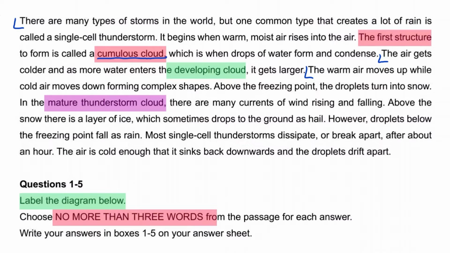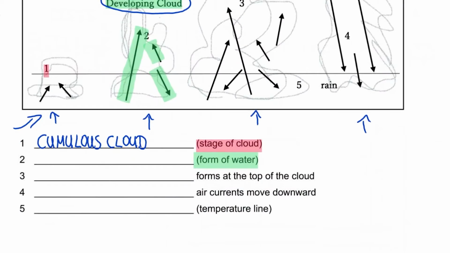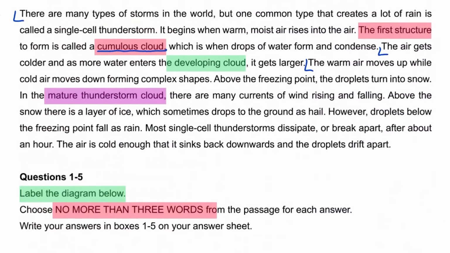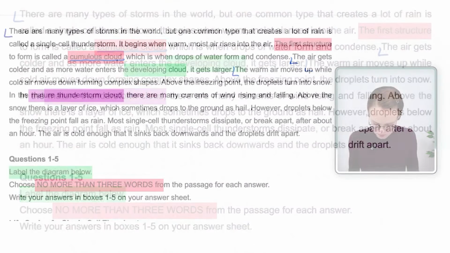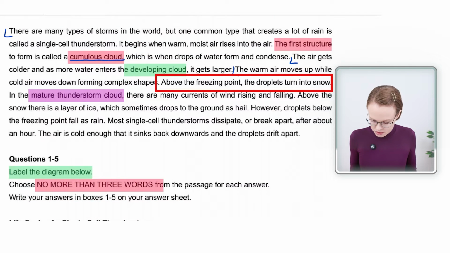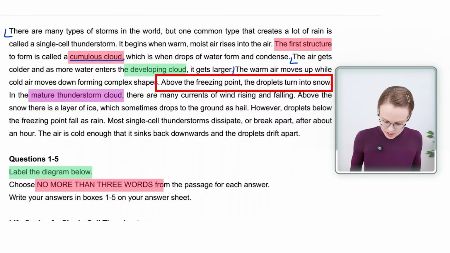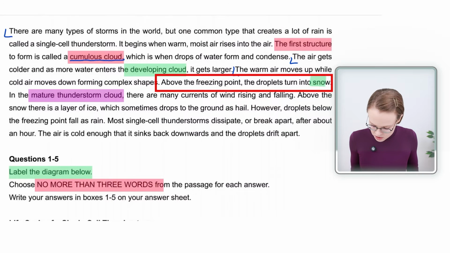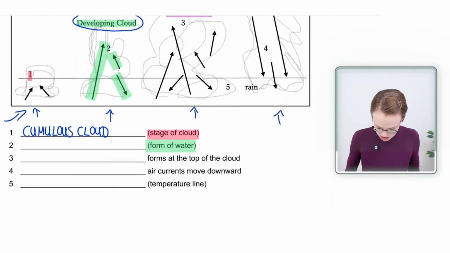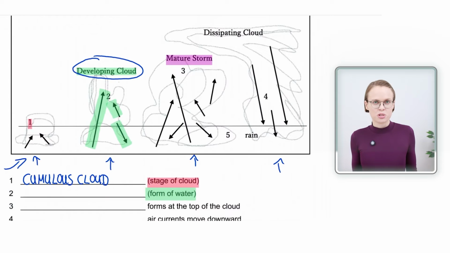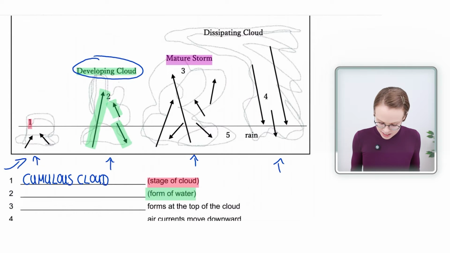It says the warm air moves up while cold air moves down, forming complex shapes. There is nothing about a form of water in there, right? So it must be in the next sentence. And this sentence says above the freezing point, the droplets turn into snow. Guys, snow is interesting because snow is a form of water, right? And here we are above the freezing point.